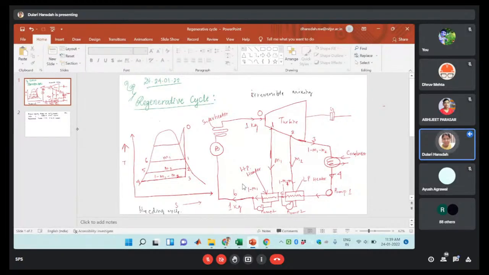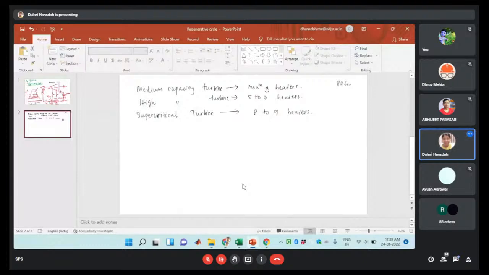The condition of the steam bled from each heater is selected based upon the temperature of the saturated steam, which will be higher by 4 to 10 degrees than your condenser temperature.